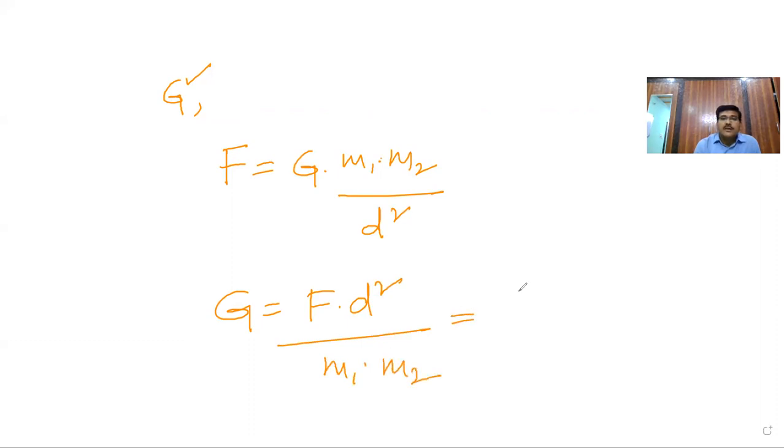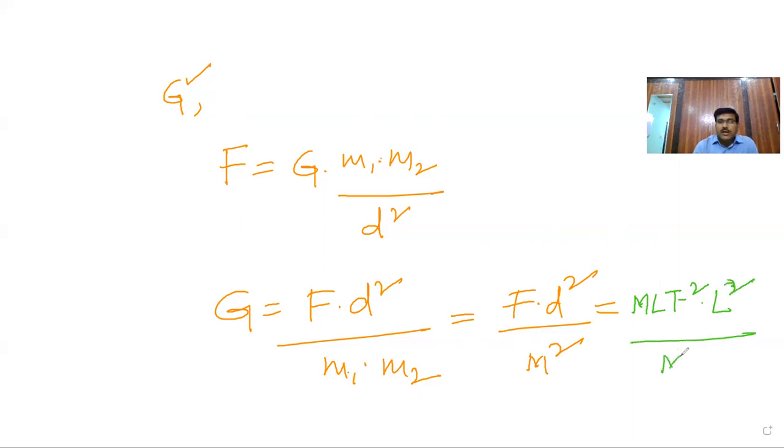That means F into d square by mass square, because both are masses. Clear? So substituting here, the force dimension formula is MLT minus 2, and distance d is length, so L square, by M square.